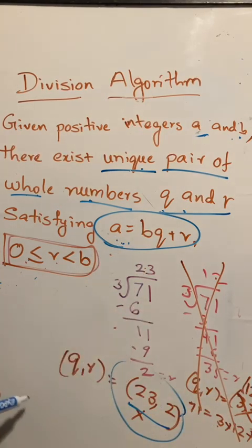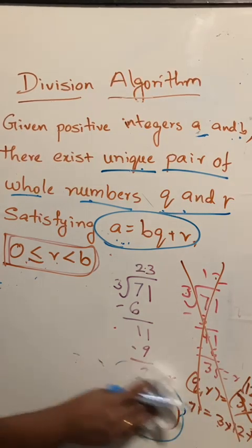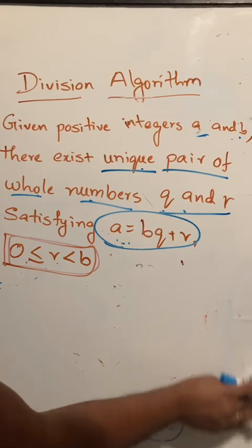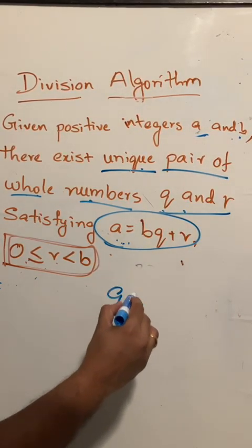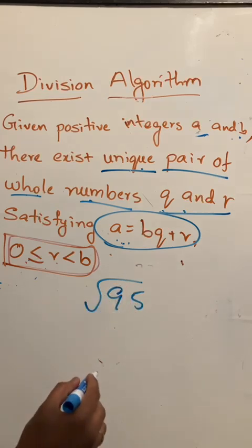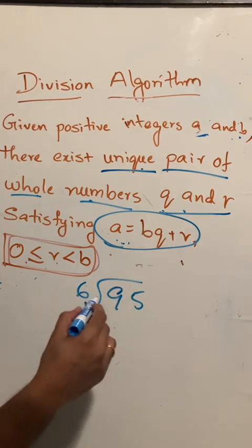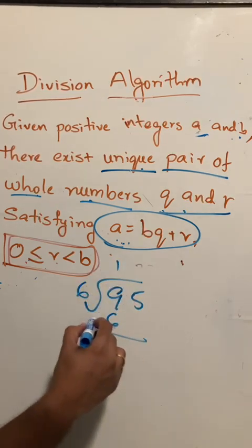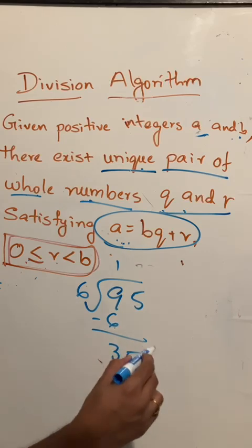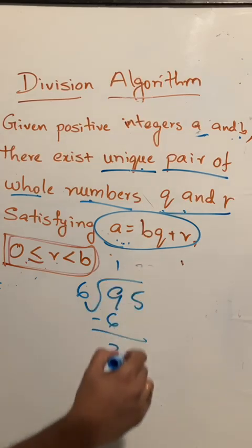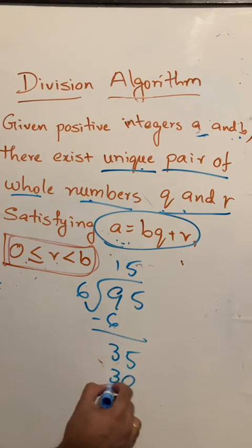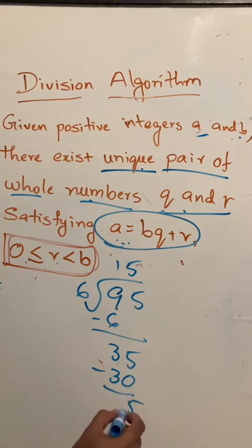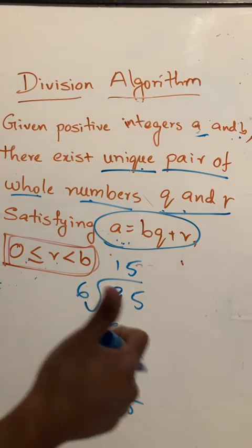Let's take some other division. Let's take 95 divided by 6. 6 ones are 6. 6 fifteens are 90, and 95 minus 90 leaves 5. 5 is always less than b. Good job.